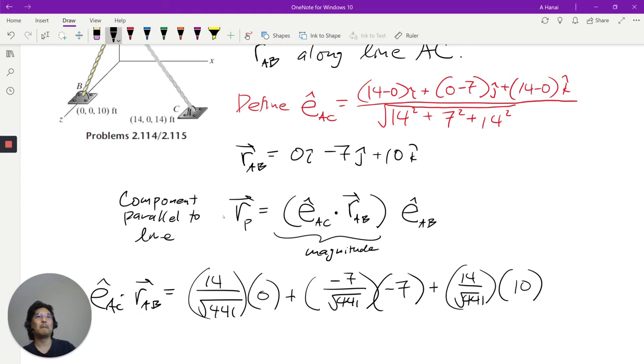So then this is some scalar, and that is this number, and then this is this.